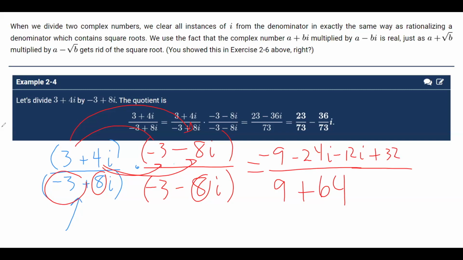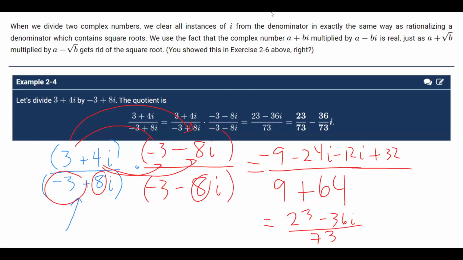Make that line longer. Clean this up a little bit. Equals negative 9 plus 32. Negative 9 plus 32 is, I'm assuming, 23. I'm not going to even do the calculation. Negative 24 minus 12, that's negative 36i all over 73.